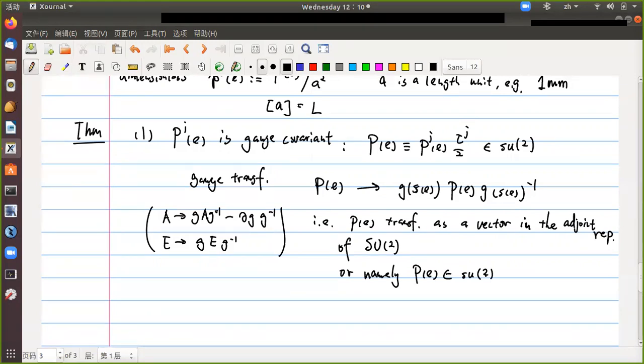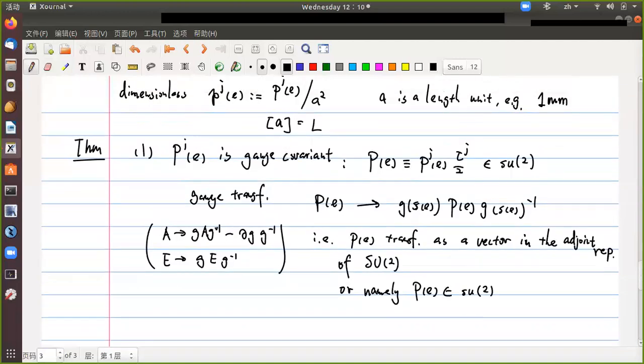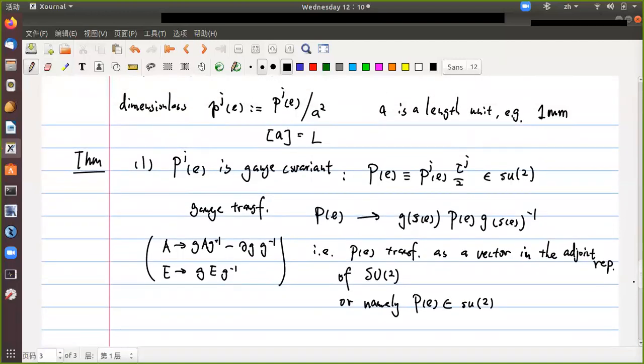Right. In case you're familiar with Lie algebra representations, this is the language to understand the gauge transformation of P E. Well, suppose you are not familiar with representation theory of Lie algebras, then you just view this as a multiplication of matrices. All of them are 2x2 matrices, and the gauge transformation is just a multiplication of matrices.